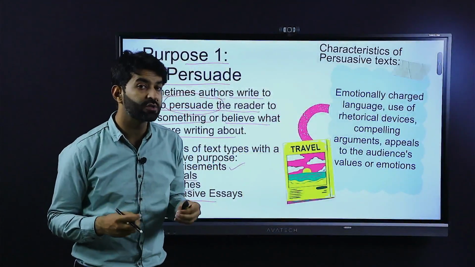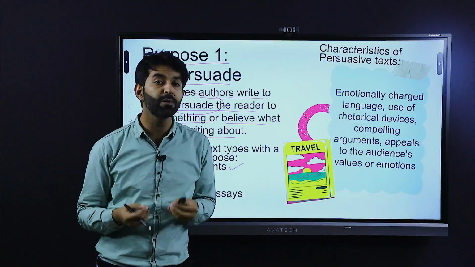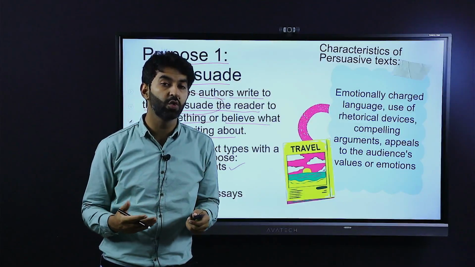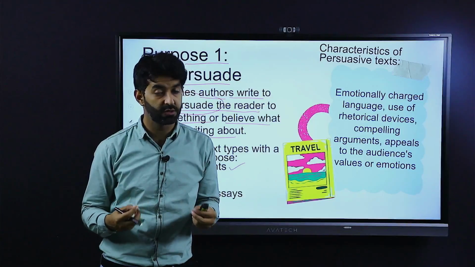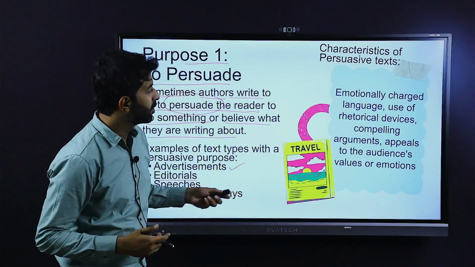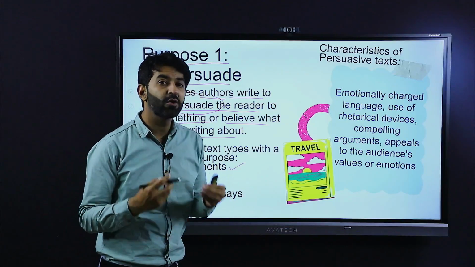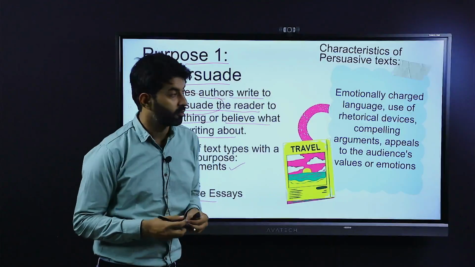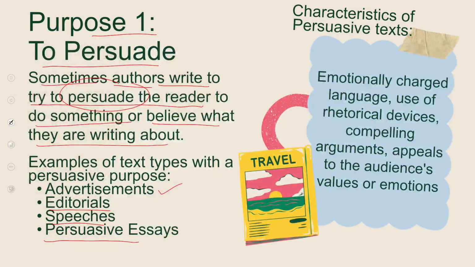So this is, as we talked about, a purpose of the author: to persuade you, to make you act in a certain way or to make you buy something. Now, what kind of language can you find in such kind of text? Emotionally charged language, use of rhetorical devices, compelling or important arguments, appeals to the audience's values and emotions.